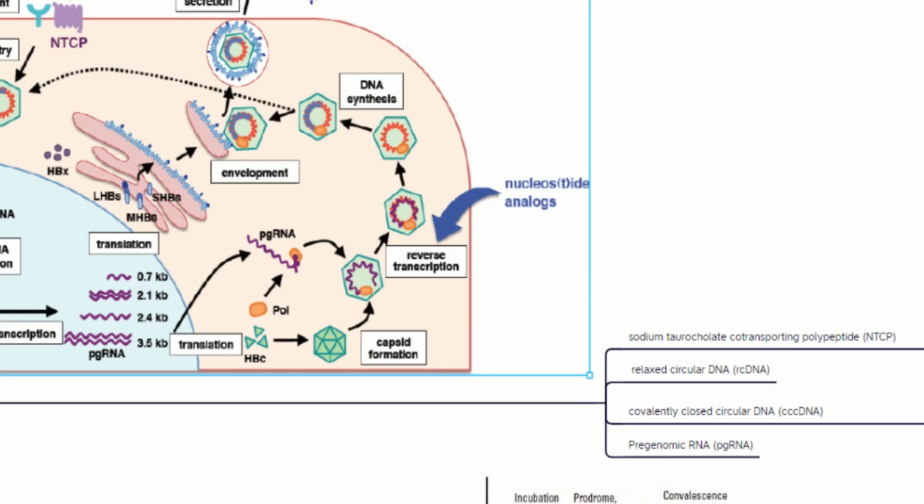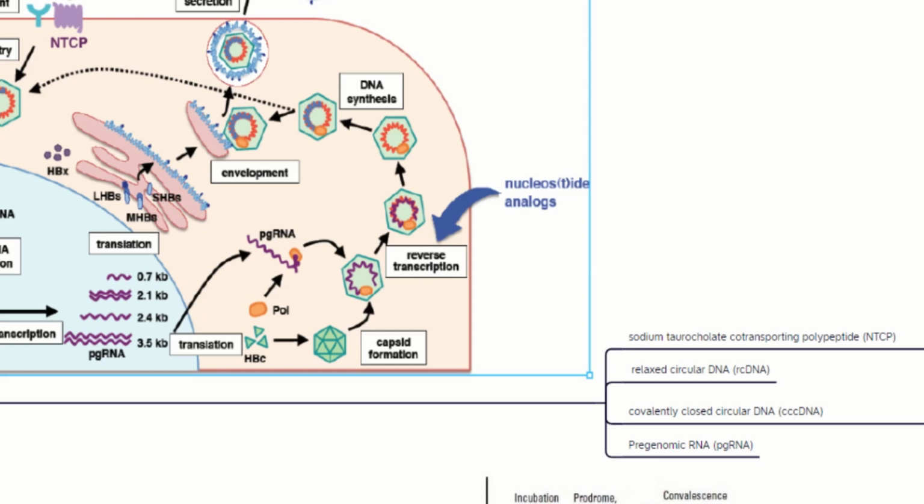We will have attachment of the virus. After being attached, the envelope, which is made from a bilipid layer, will fuse with the bilipid layer of the hepatocyte, and we will have entry of the DNA and the capsid.